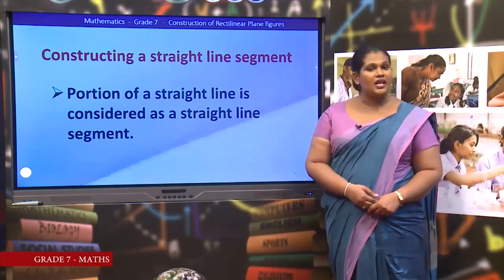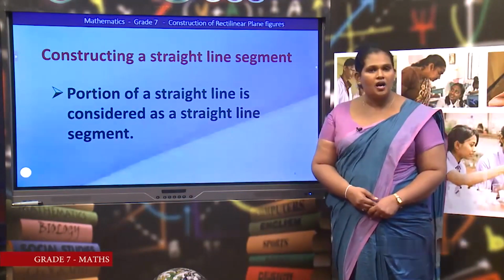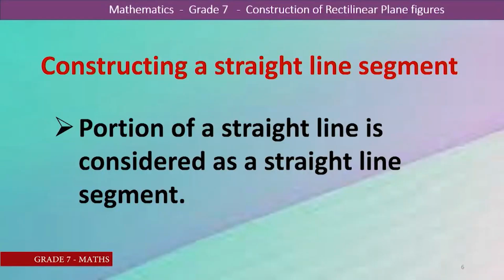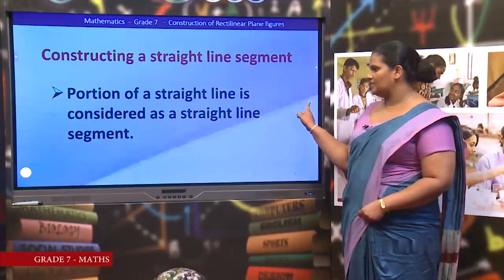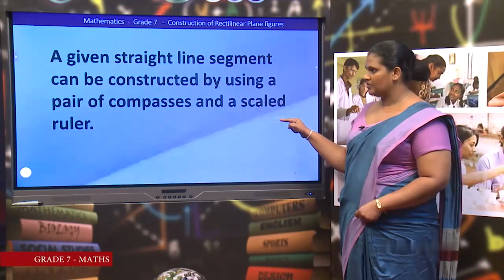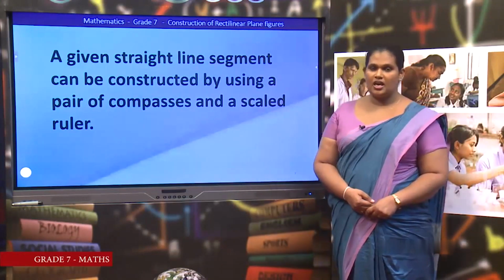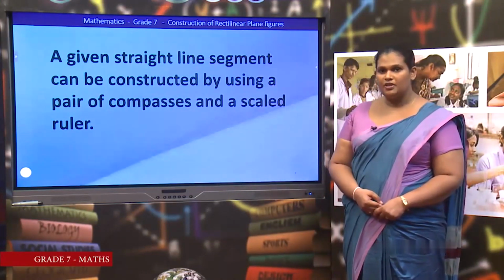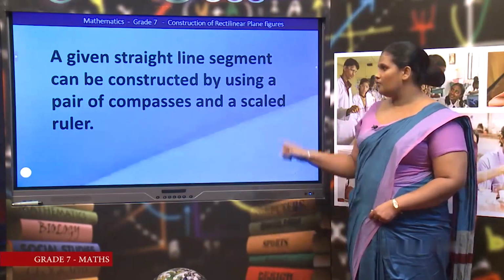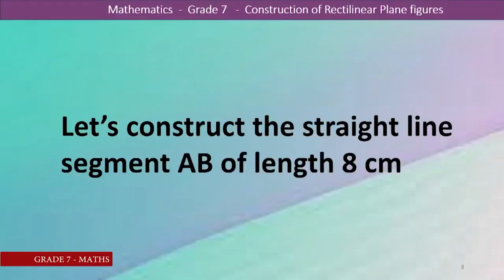A straight line segment is a part of a straight line, or a portion of a straight line. So, we have to construct the given straight line according to its given measurements. So, we will move on to some constructions.